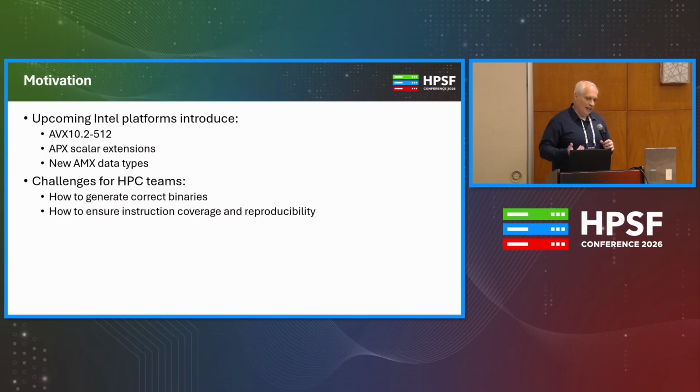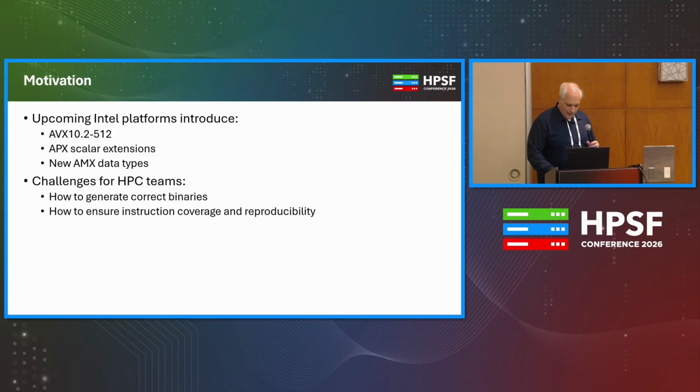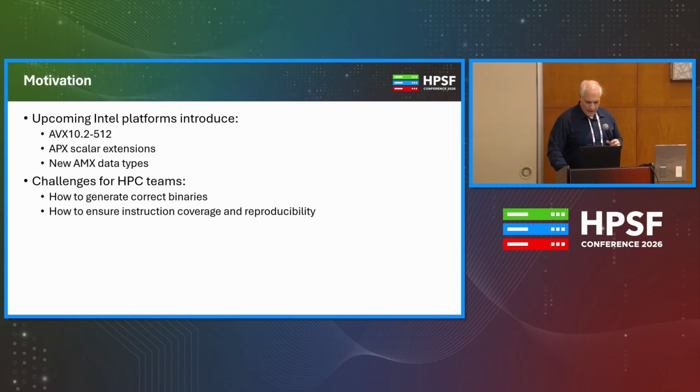Now you're getting something that's very agnostic, and it can determine what you have to do at runtime versus compile time. APX is a scalar extension, probably the biggest scalar update Intel has made since it introduced 64 bits, probably 12 to 14 years ago. And then some additional new data types for AMX that I think have pretty neat impacts for HPC.